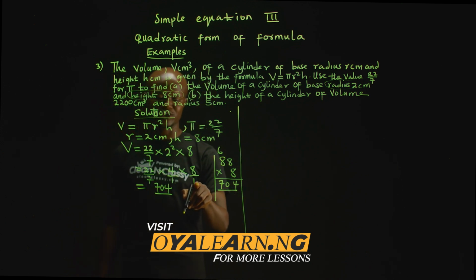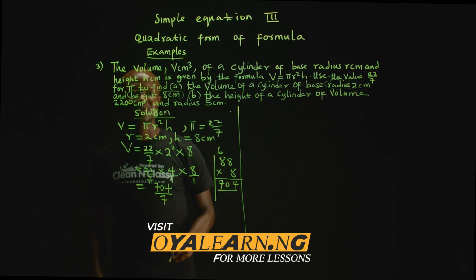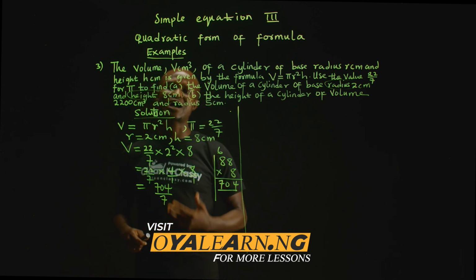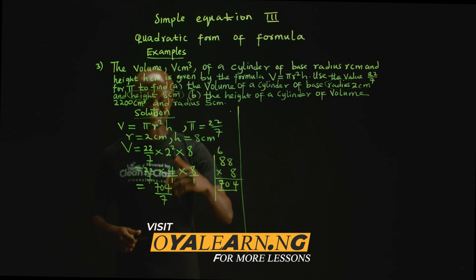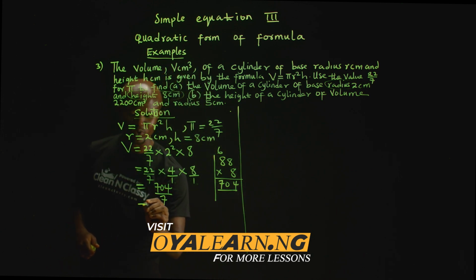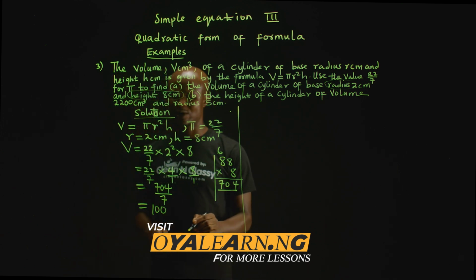Then 704 divided by 7 times 1, we have 7 times 1, which is 7. So 704 divided by 7. How many 7s are we going to see in 700? We have 100. So 704 divided by 7 is 100 whole number. What will be the remainder?